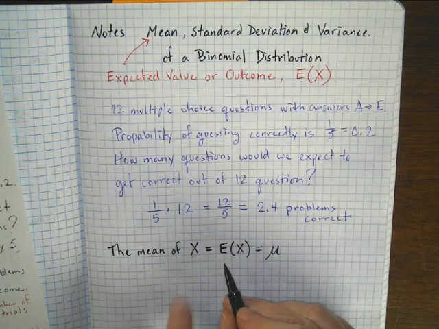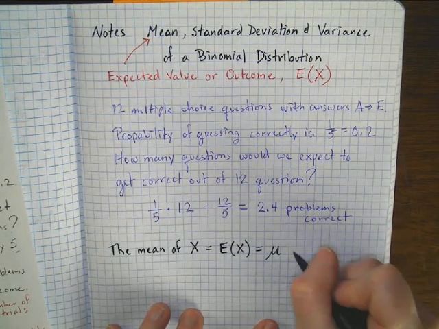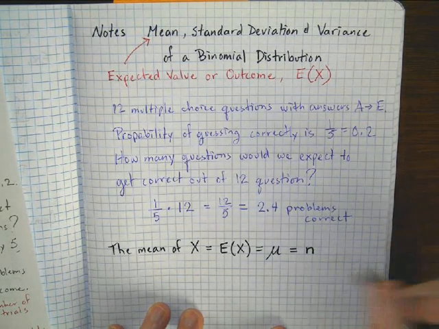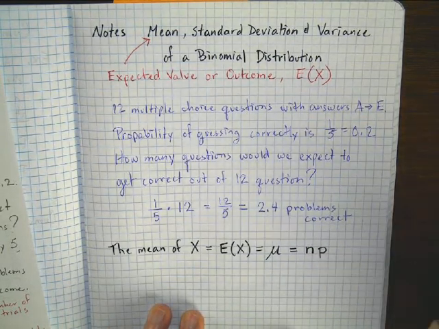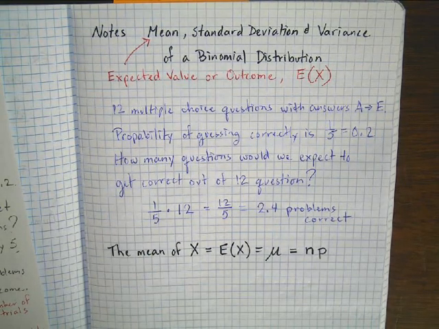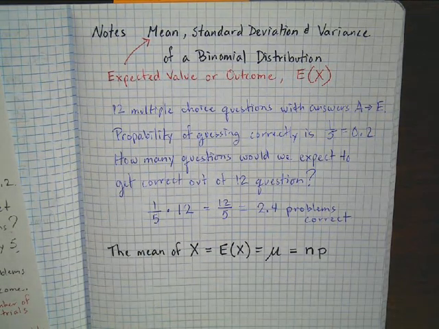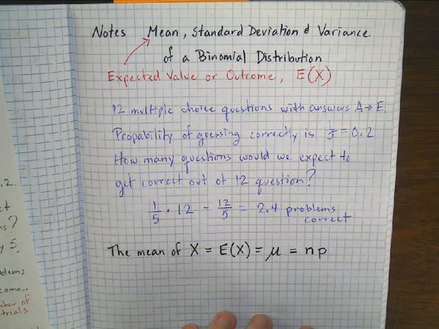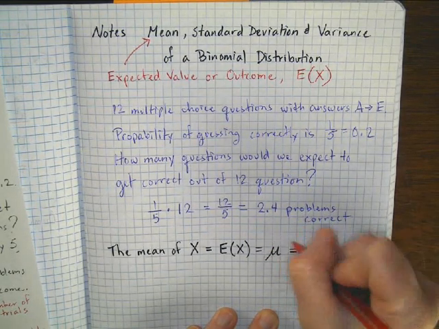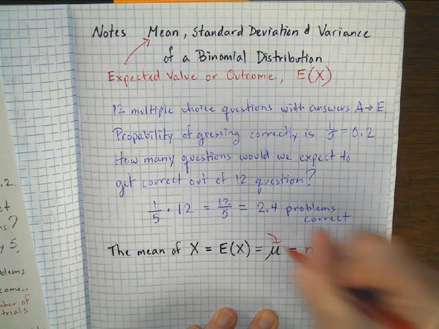Okay, so the expected value is just, all you got to do is do the number of trials times the probability of success. It's that easy, okay? Like we just did there. That's what you're going to be practicing on your homework tonight. Super simple. So this is the mean outcome, okay? This is the symbol for mean of a binomial distribution, okay?